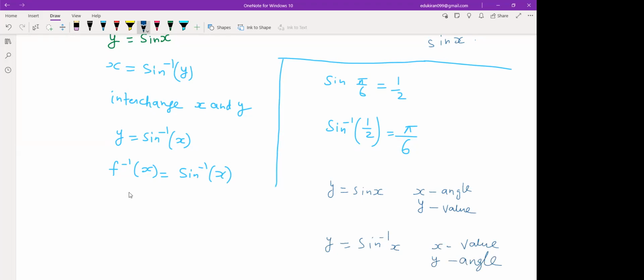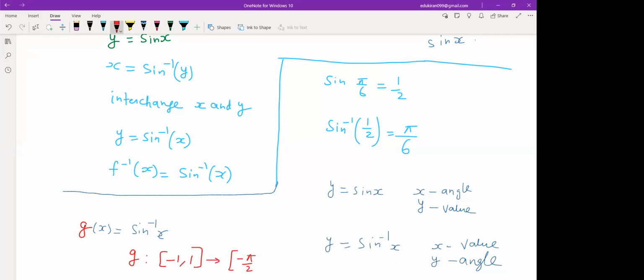So that is why when we say that a function f x is equal to sine inverse of x, let us call it g x, because f x is sine x. So we say that this g function is from -1, 1 to minus pi by 2, pi by 2.